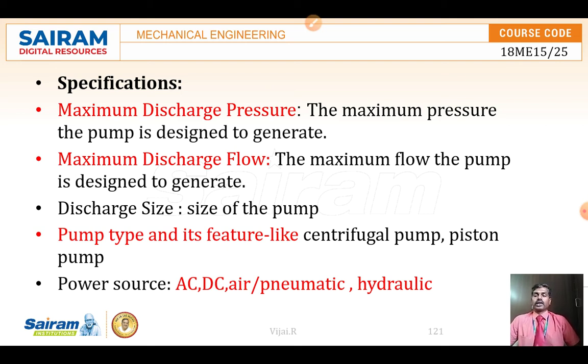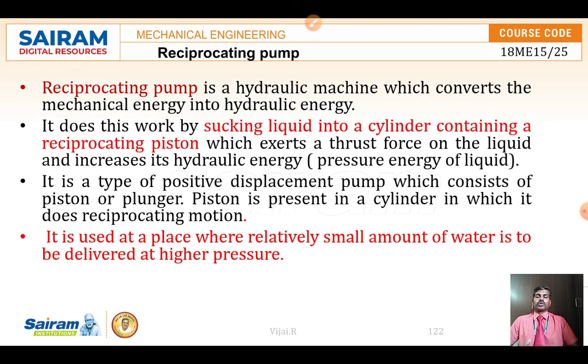Then how much liquid, it can be oil or water, it can deliver, that is the maximum discharge flow, how much per period of time. Then the size of the pump, and features like whether it is a centrifugal pump, a reciprocating piston pump or a gear pump, the pump type, and whether it is an AC source or DC source pump or a hydraulic pump.